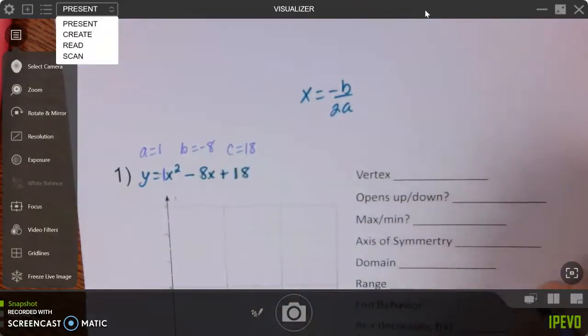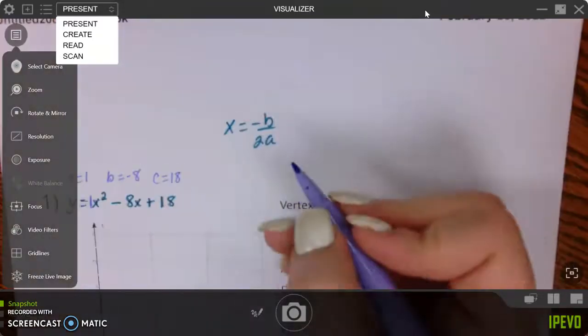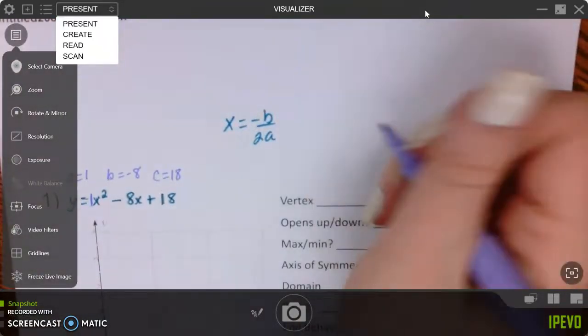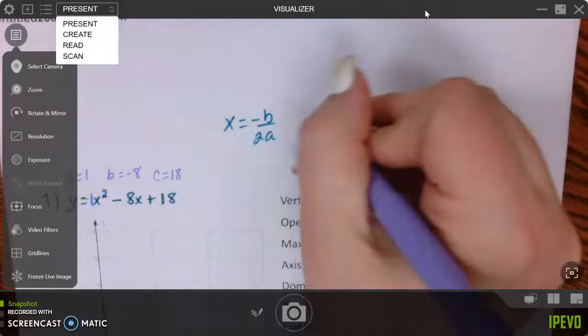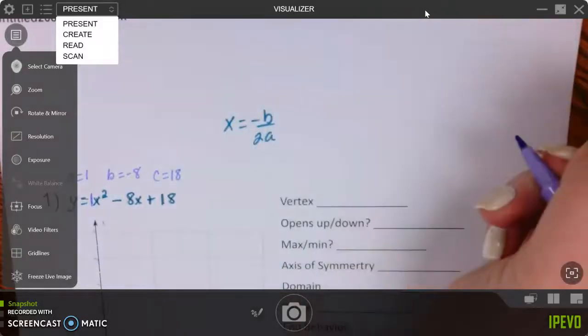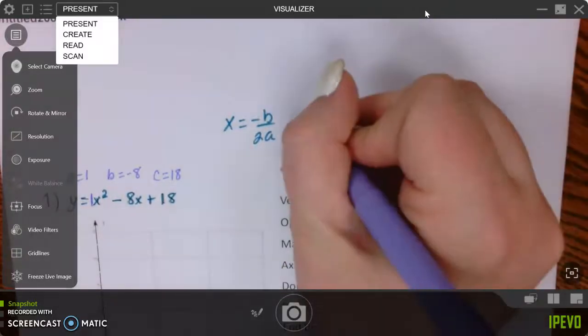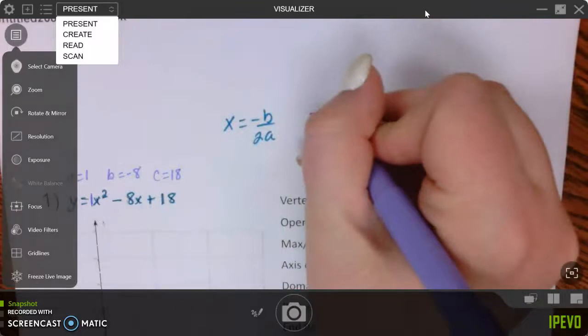So when you plug that in, make sure you use parentheses too. There's a negative already built into that formula, so it's negative and then parentheses whatever your b is. Our b is negative 8 over 2 times a. A is just 1. So let's simplify that.